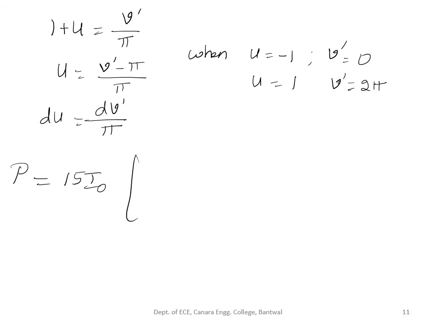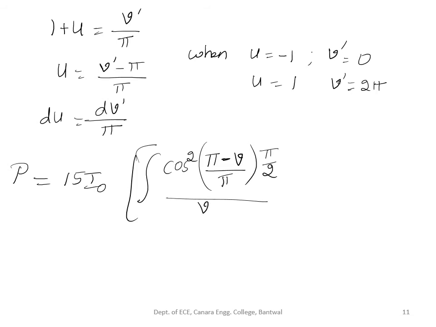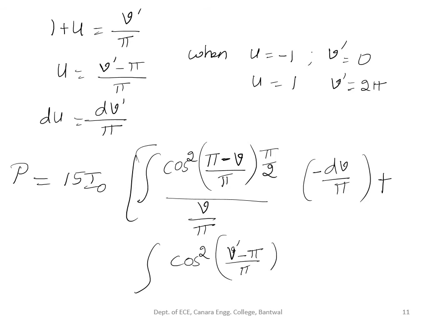Therefore, radiated power is equal to 15 I naught square times [integration of cos square of (pi minus v divided by pi) into pi by 2, divided by v by pi, into minus dv by pi, plus integration of cos square of (v dash minus pi divided by pi) and pi by 2, divided by v dash divided by pi, dv dash divided by pi].